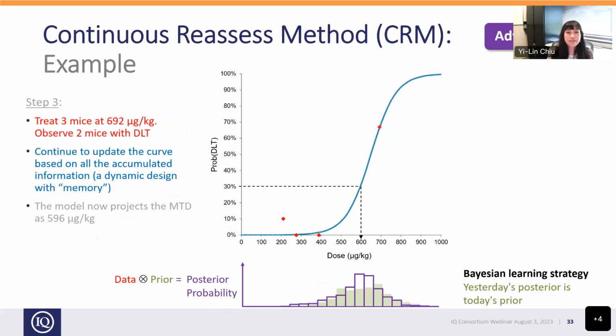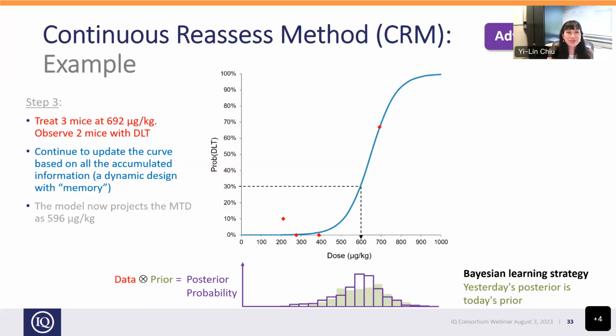Then the next step, again, yesterday's posterior is today's prior. We treat 3 more mice at 700 microgram per kg, observe 2, and then we project the new MTD as about 600 microgram per kg. Then we can see that the bars are getting more concentrated, and ideally, if they become more and more concentrated, then you know that you're pretty much very close to, hopefully, the truth, right?